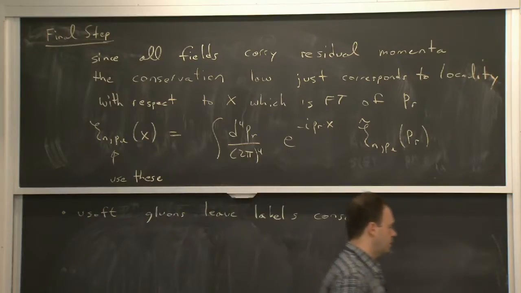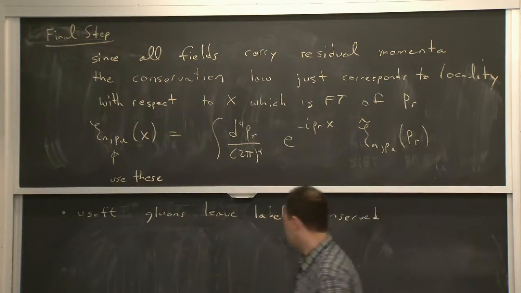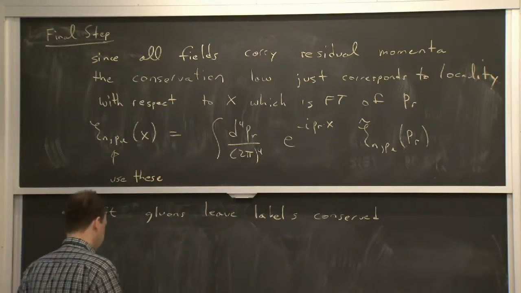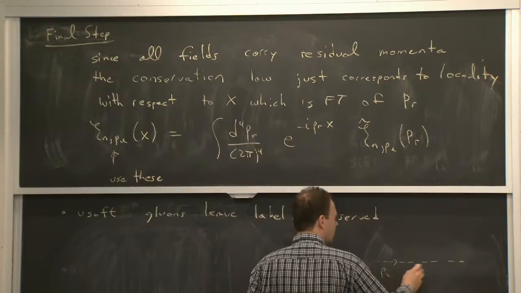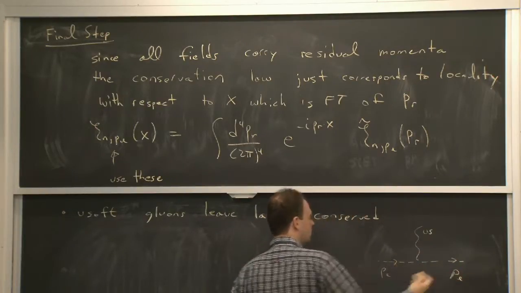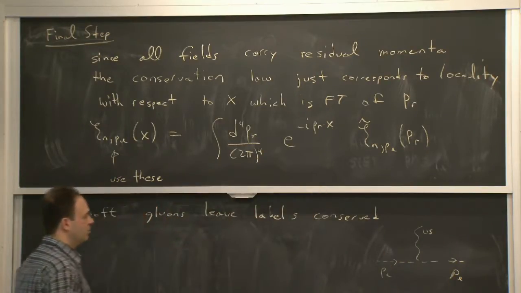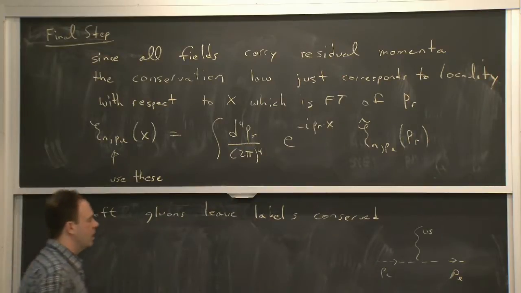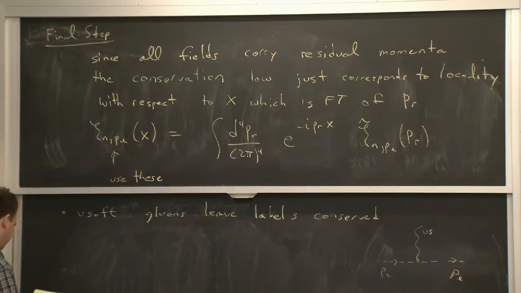The label of the field here is the same as the label of the field there, so that ultrasoft guys do not change labels. So this is PL, this is PL, and if this is ultrasoft, it's still labeled by PL. And the thing that can change is the residual momentum, and that's now encoded in locality and saying these fields all sit at the same point X.